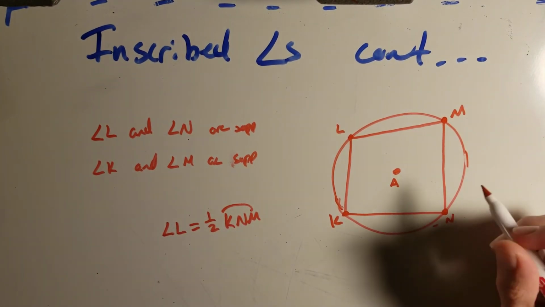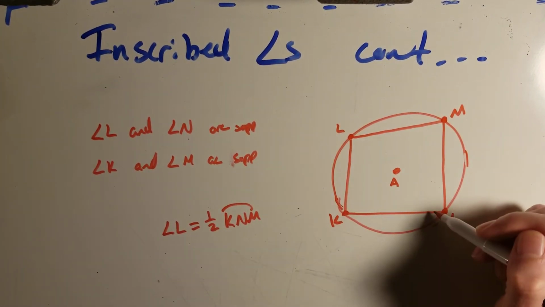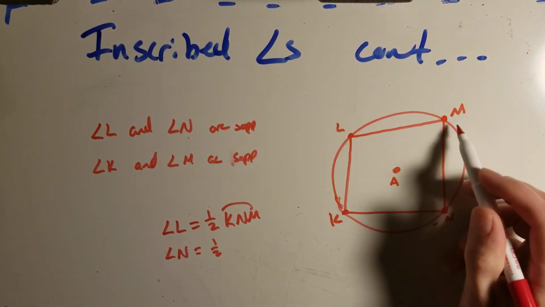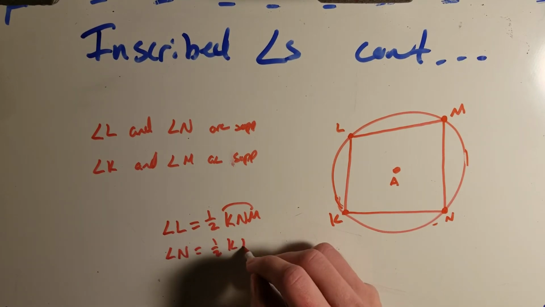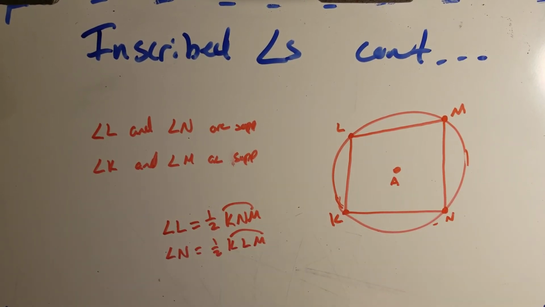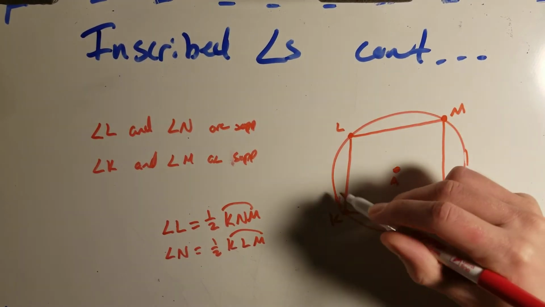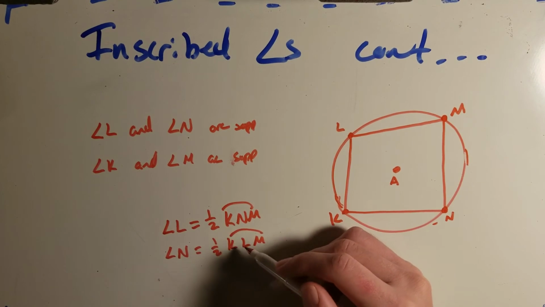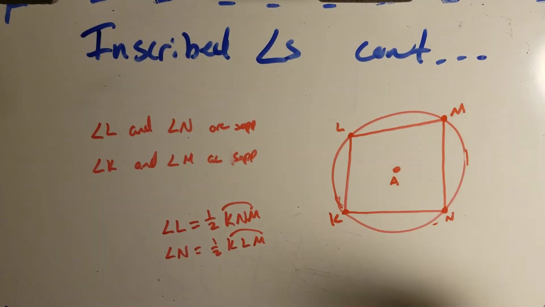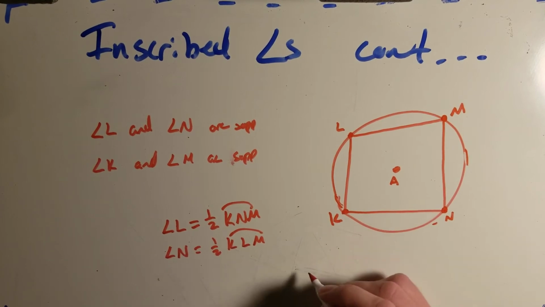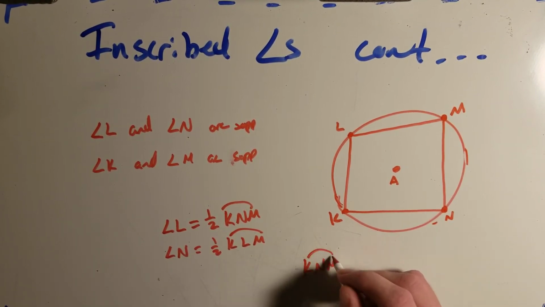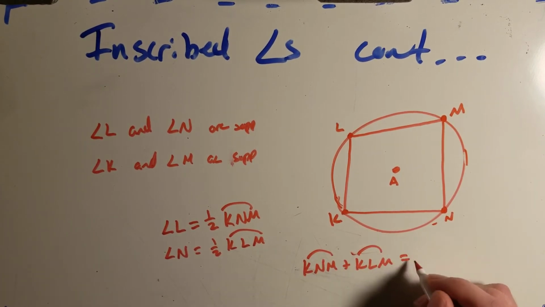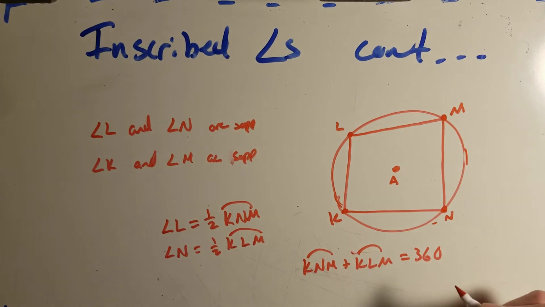And then if you think of angle N, that's the opposite angle, it's going to be 1/2 of KLM, of that arc. And those two arcs in total make up the whole circle. So when you add these two arcs together, they're going to equal 360. The measures of KNM plus KLM should equal 360, because they make the whole circle.